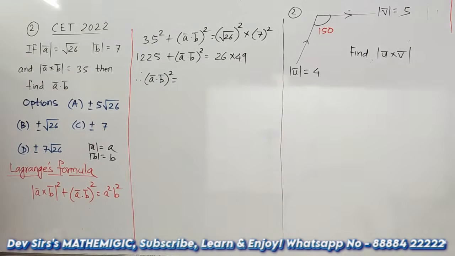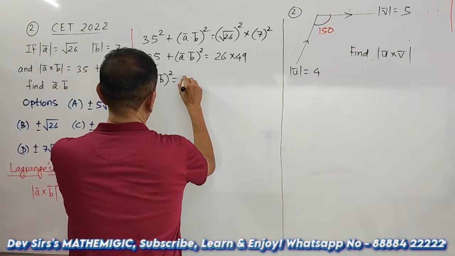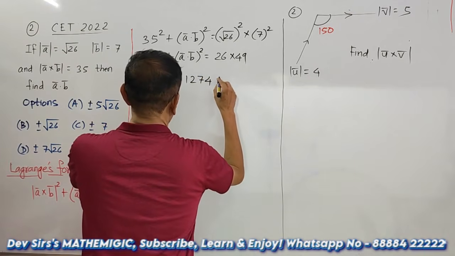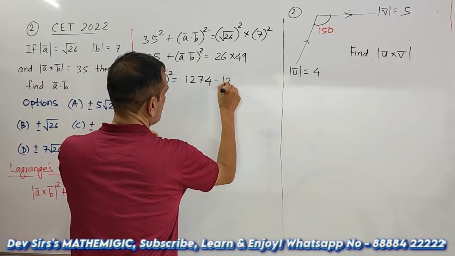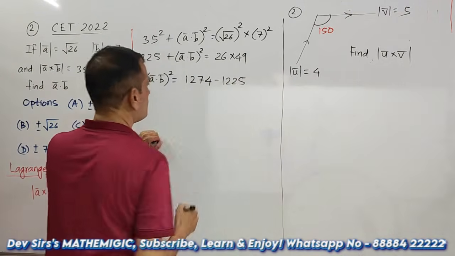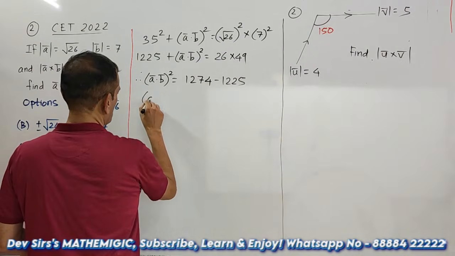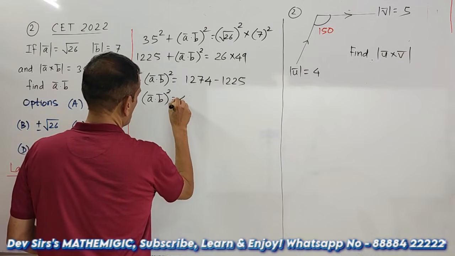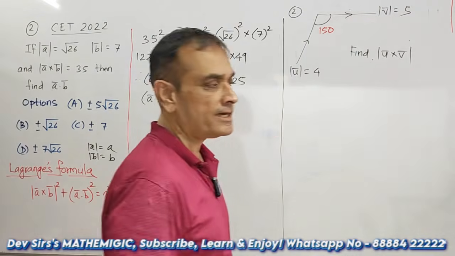If you multiply 26 into 49, it gives you 1274. Take this on the right hand side. A dot B bracket squared is obtained.